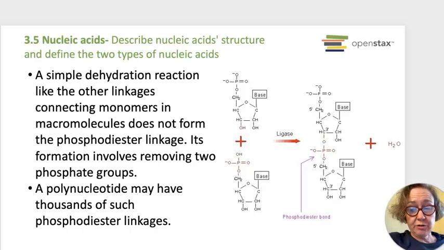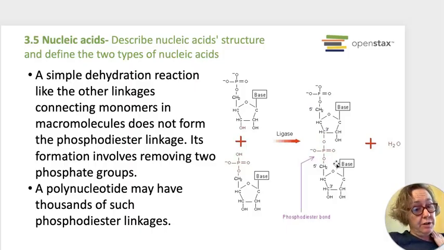A simple dehydration reaction. Do not panic when I say the words dehydration reaction. It will be okay. When you dehydrate something, you just remove some water, like when you're dehydrated, right? So we're just removing some water here with a dehydration reaction. So a simple dehydration reaction, like other linkages, connects these monomers together and connects our phosphodiester linkages to create our DNA.